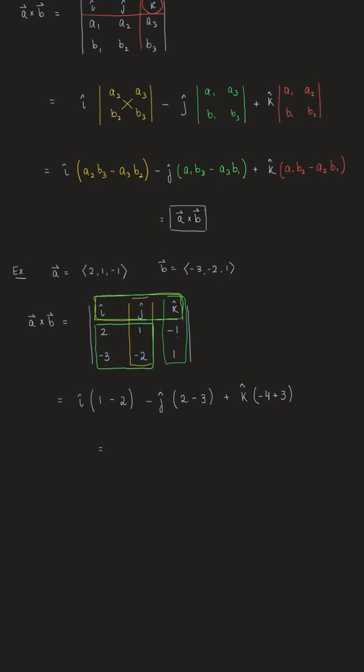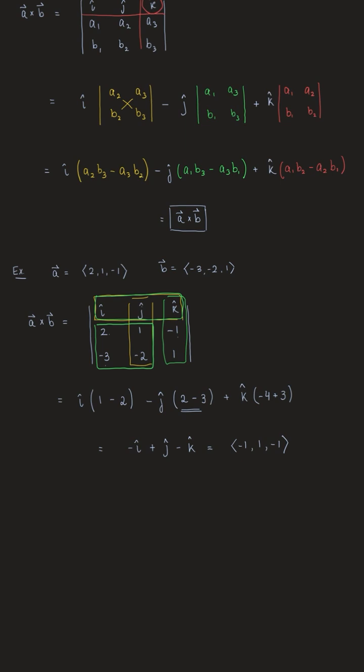And we have a vector that results with the following components. We have a negative i hat, and this is negative 1, but this negative in front will give us plus 1 j hat and minus 1 k hat. And so this vector can also be written as negative 1, 1, and negative 1.